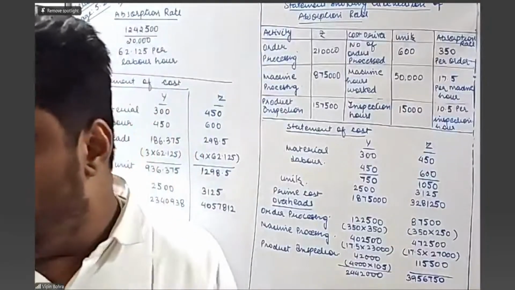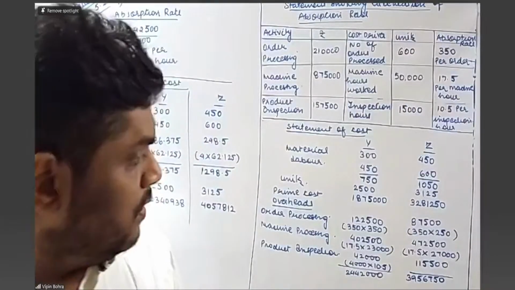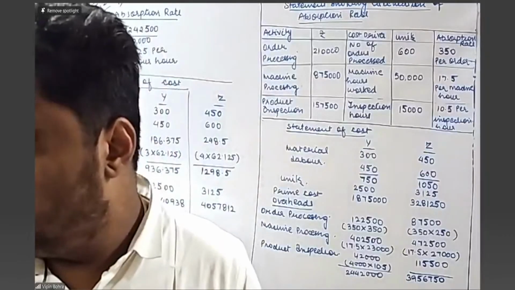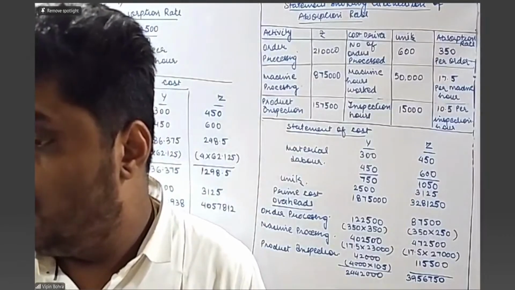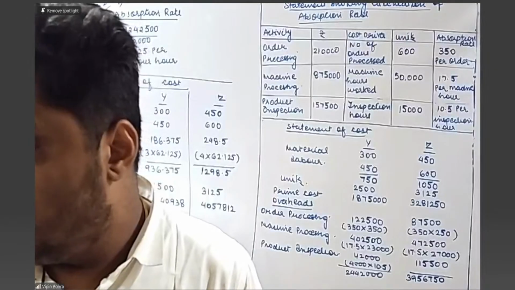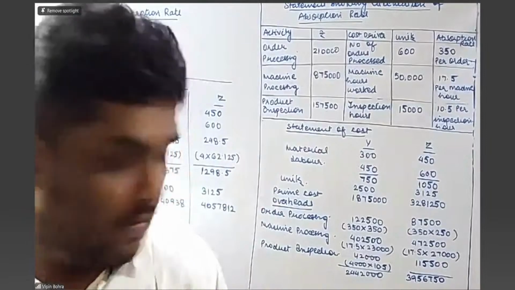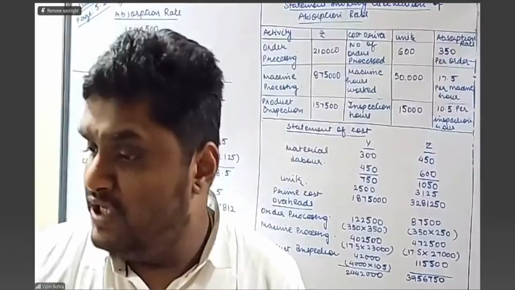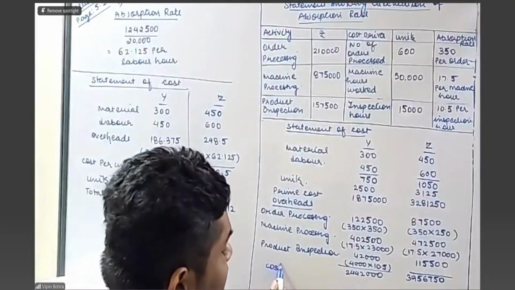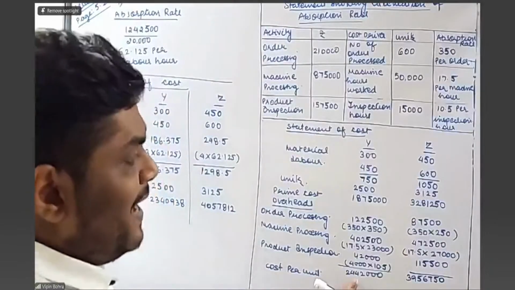Please recheck the calculation, Rajiv. Very good, Shamli Sharma. So per unit, cost per unit, we can write. I hope this part is visible to all. So this is my cost.